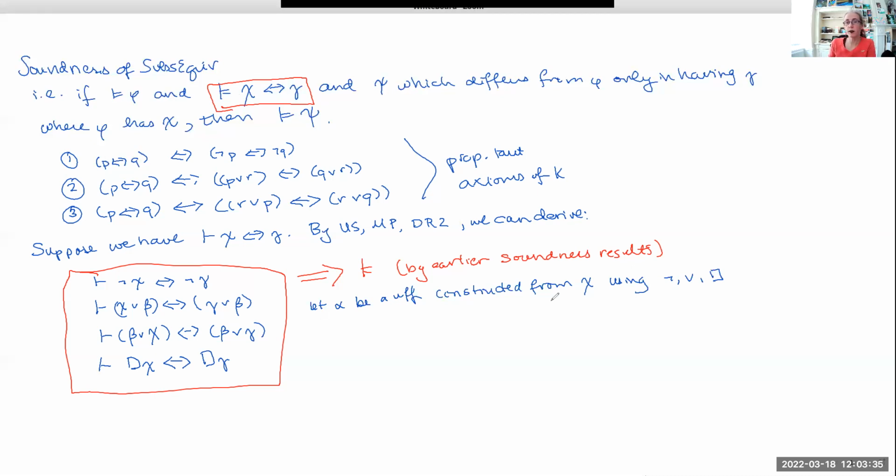So alpha is a formula constructed from chi using negation, disjunction, and necessity. And then let beta be another formula that is constructed from gamma, so the other half of the equivalence, again using negation, disjunction, and necessity in exactly the same way that alpha was constructed from chi.